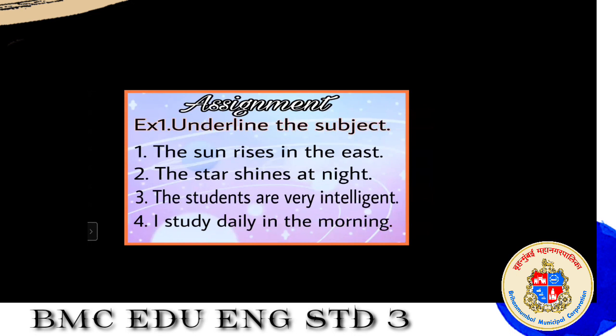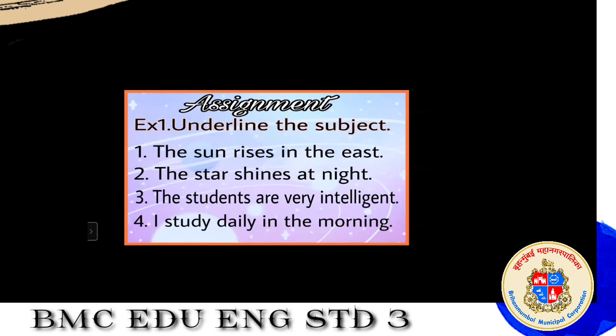Here in this type of sentence, what you have to do is underline the subject. And you all know, children, subject means what? It's a naming part, noun part. So here the subject is what, children? Can you tell me? The subject is the sun. Now here we have to only underline the subject, not the predicate.